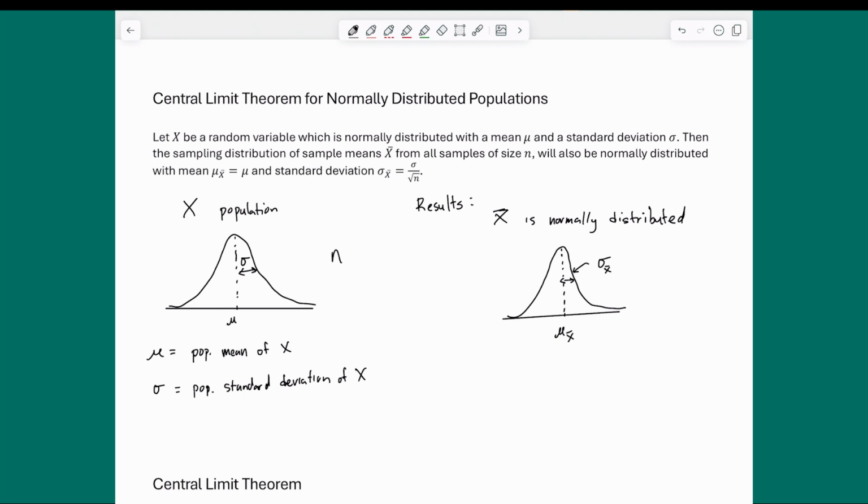Okay. Once again, mu sub x bar is just the mean of the sampling distribution of means. Sometimes we just say the mean of means.